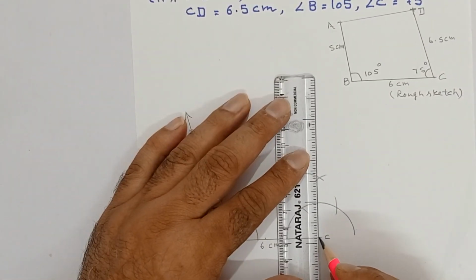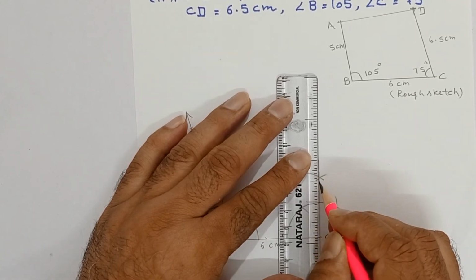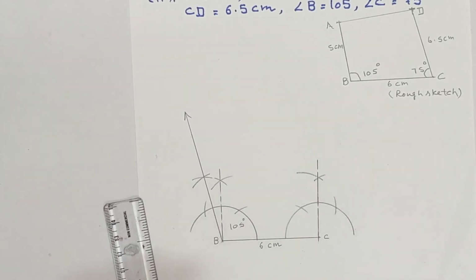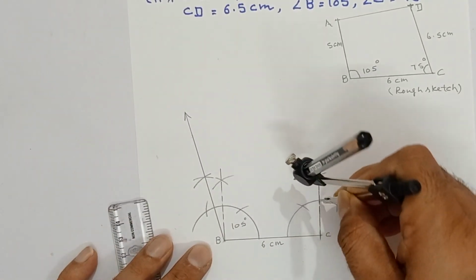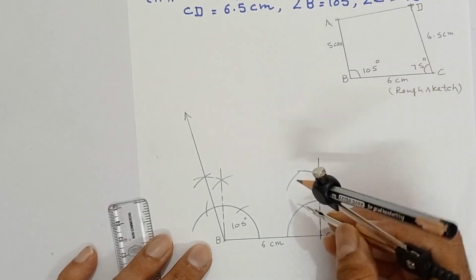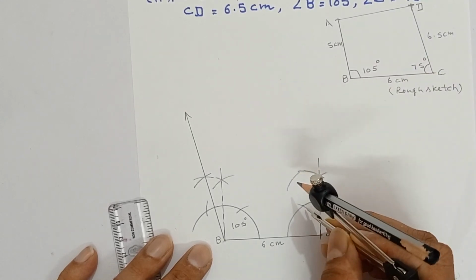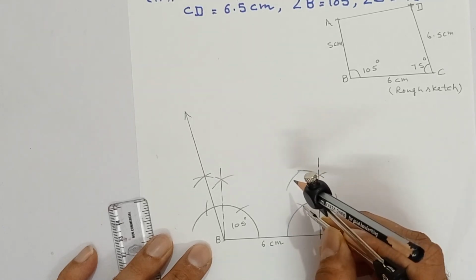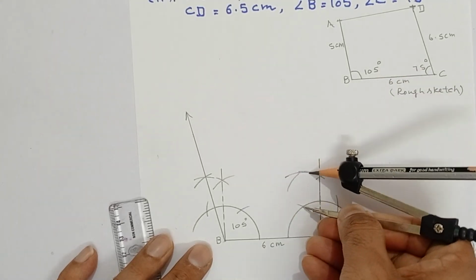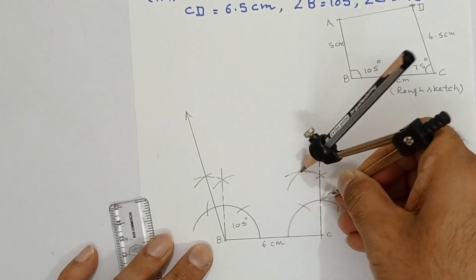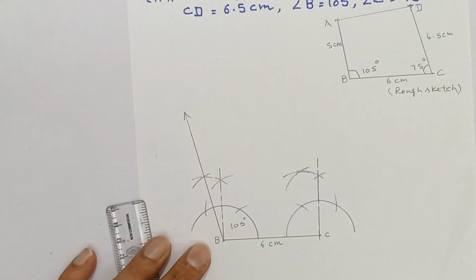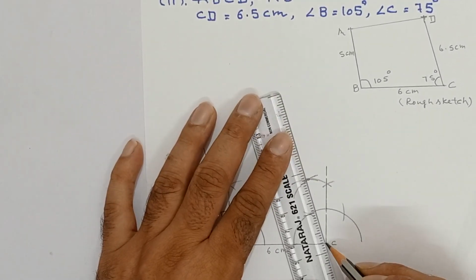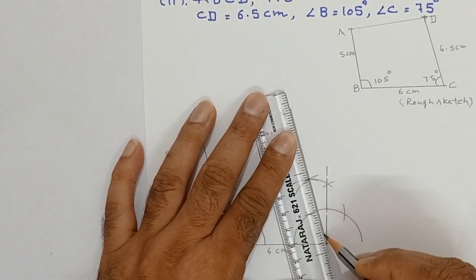So dotted 90. Now for 75 you will bisect 90 and this is 60. Both the arcs will be bisected. So they are bisecting here. Extend it.